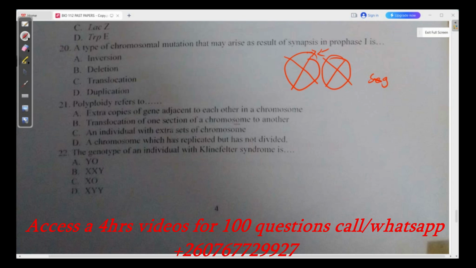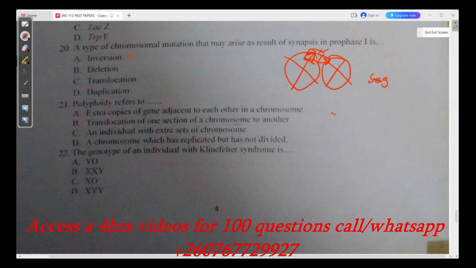So the most likely mutation that can take place due to synapsis is inversion. During synapsis, there is exchange of segments. Let's say this portion is going to be cut and attach itself there. During this exchange, it cuts. Then instead of it binding the way it is, it can flip.